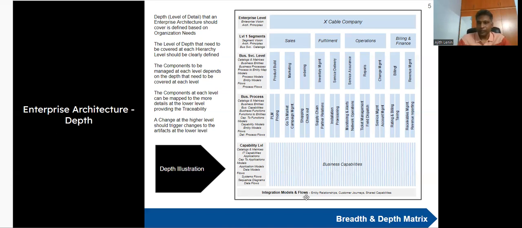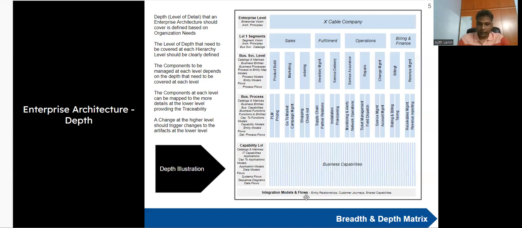So that's the key aspect. When I make a change on the higher level entity, it should trigger changes on the lower level entity. At least it should send alerts so everybody can look and see whether there is an impact on the business components at that level or not. So that's the traceability aspect of it.